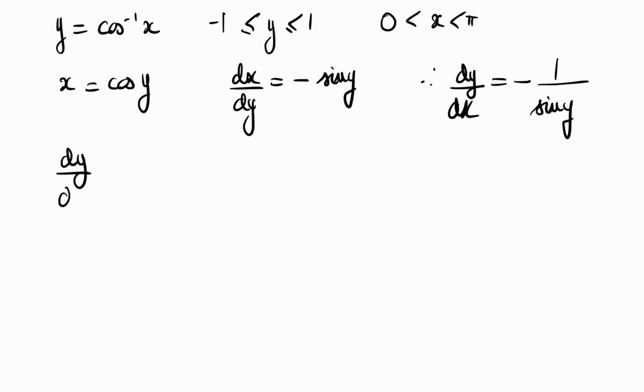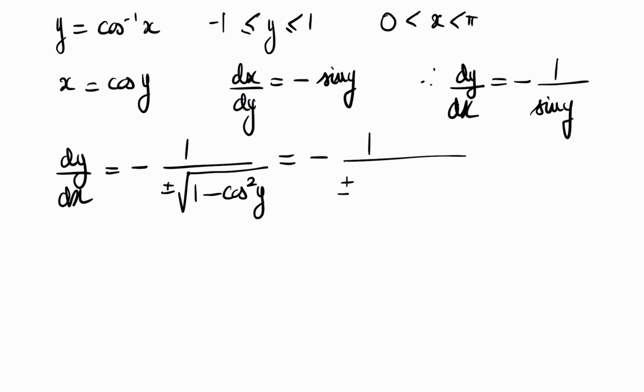Dy over dx is equal to minus 1 over plus or minus root of 1 minus cosine square y, which is minus 1 over plus or minus root of 1 minus x squared.